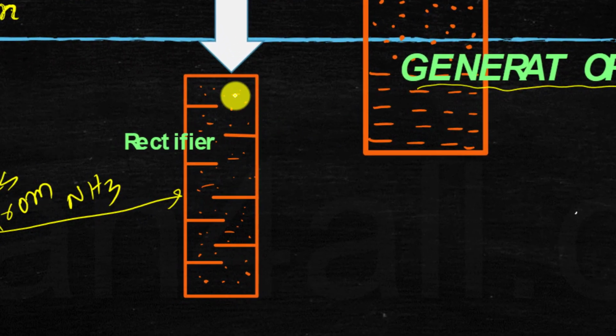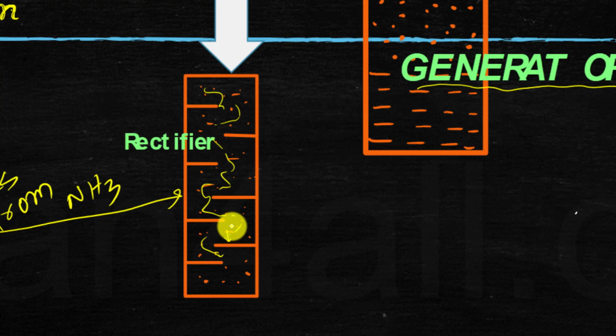Basically, the ammonia vapor along with the water vapor will come through this, and the water vapor as well as the ammonia vapor will strike this obstruction, and due to this obstruction the water vapor will lose some of its energy, that means some heat energy, and that way it will become water.